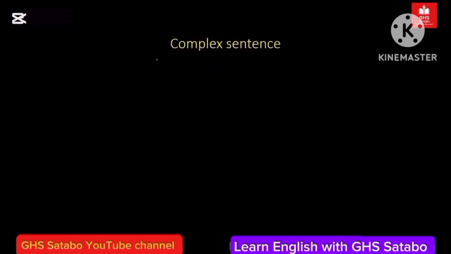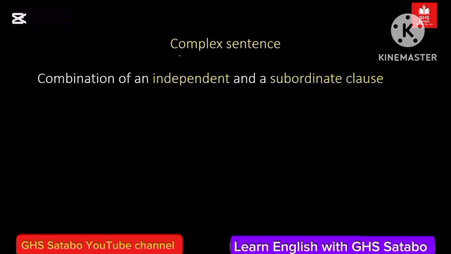So, moving on to our next type of sentence, that is complex sentence. I know the name itself is tricky, right? Complex means something that is very complicated and two or more clauses must be joining together. That's correct. In a complex sentence, we have a combination of an independent and a subordinating clause, or you can say a dependent clause.